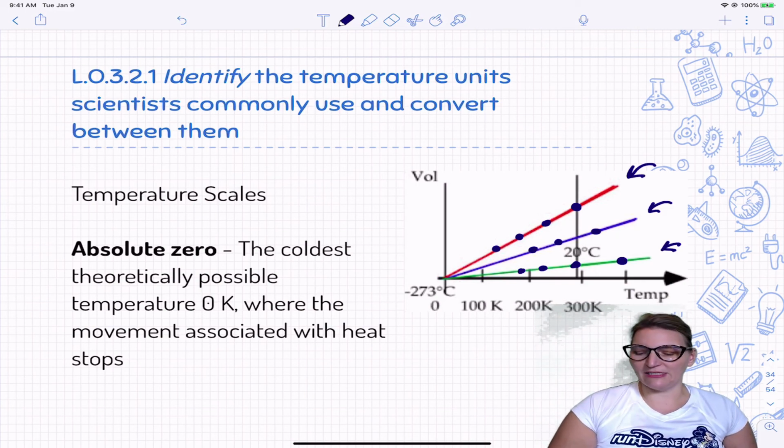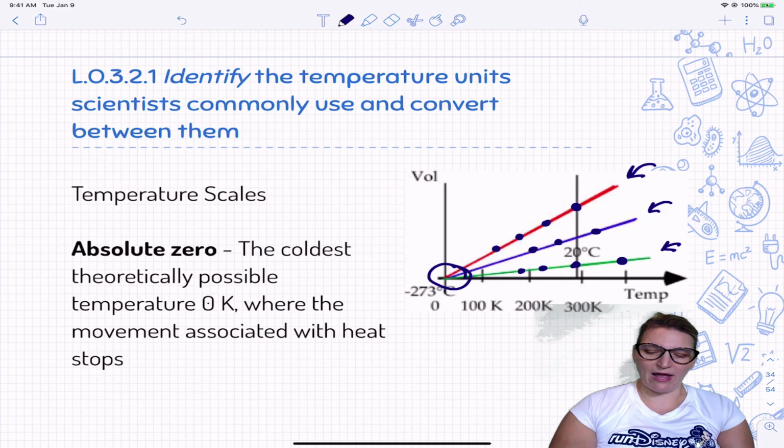If you take a series of measurements and extrapolate that data, they found that no matter what gas they used, they all reached, theoretically, 0 volume at the same temperature. That's how scientists determined what absolute 0 was. Absolute 0 is defined as the coldest theoretically possible temperature.